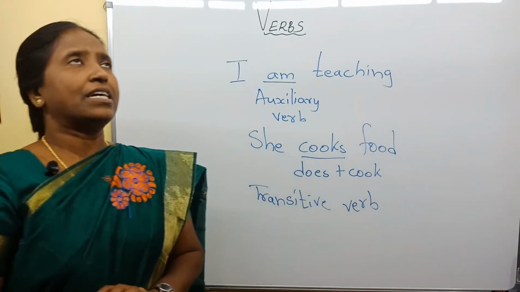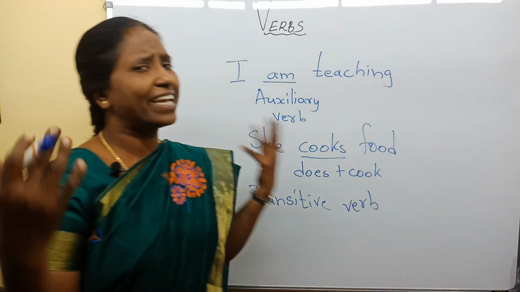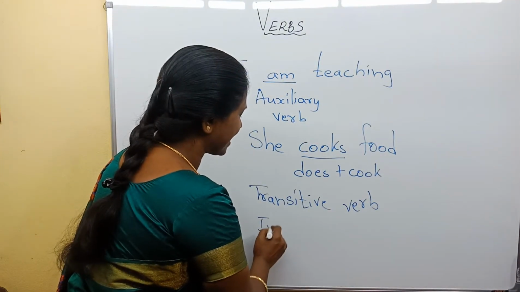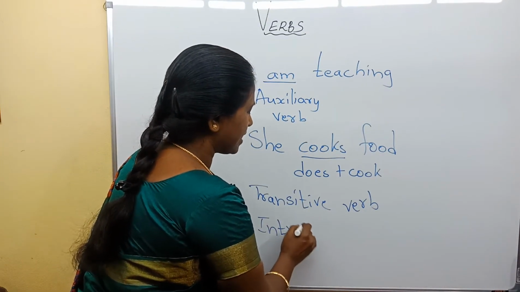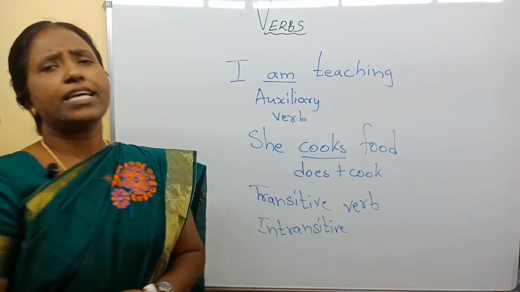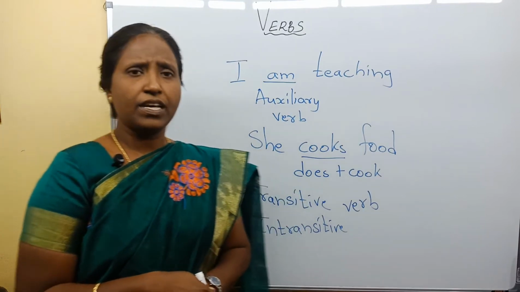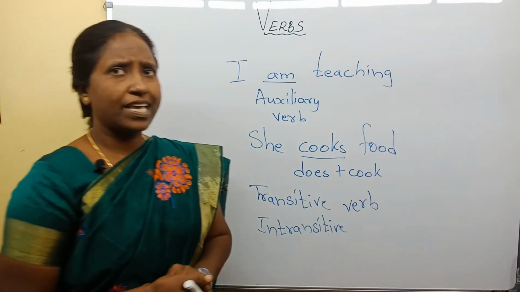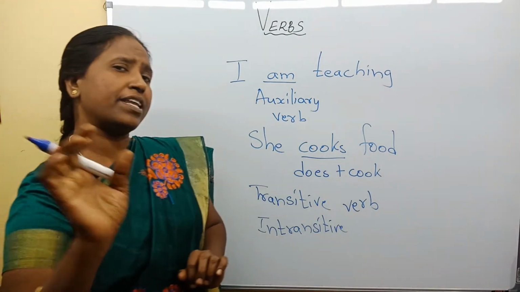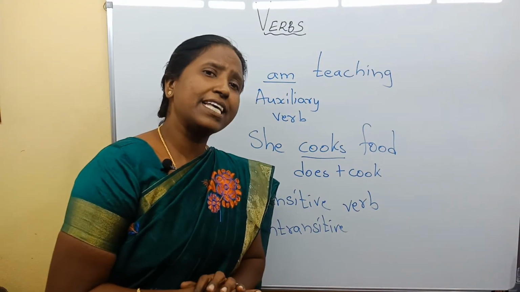Whereas sometimes the verb doesn't have any effect on the object. Such verbs are called intransitive verbs. Intransitive means that even without the object, the sentence is complete. For example, if I say, I slept early. Even if I remove the early, I slept.